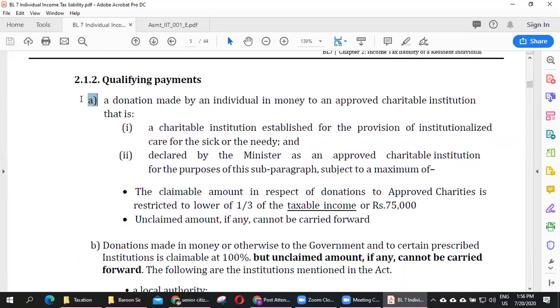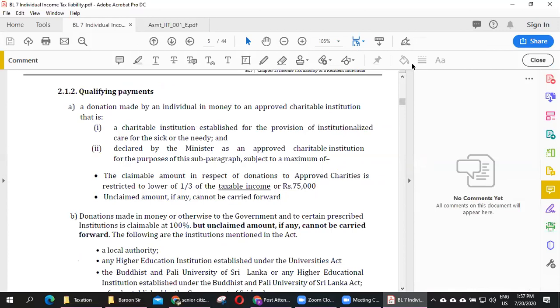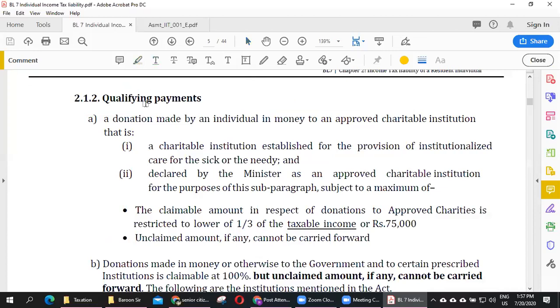First we look at part A, that is a donation made by an individual to an approved charity in the way of money. There are some important terms you have to keep in your mind. First one, donation made by an individual in money. So we can consider only money donations. We can't consider other donations.